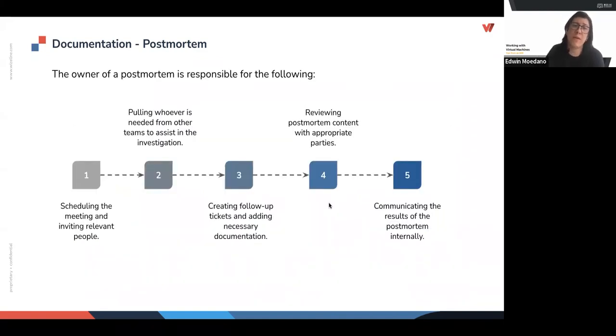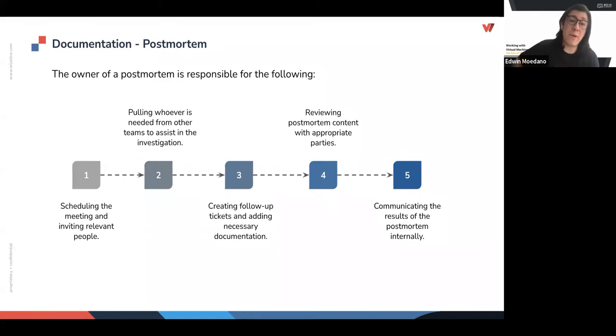The owner of the postmortem is responsible for the following: scheduling the meeting and inviting relevant people. And please invite just relevant people. Sometimes meetings can get out of control and we start inviting everyone, but we try to focus on relevant people that can help us solve possible risk issues that we found in the event of the incident.